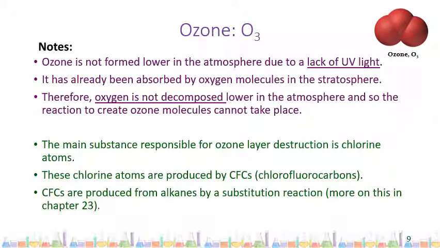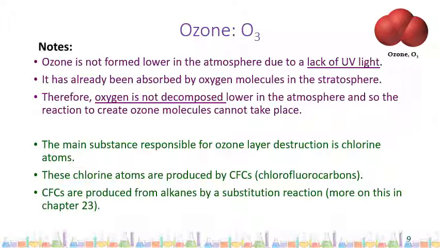The main substance responsible for ozone layer destruction is chlorine. Chlorine atoms in the stratosphere are going to attack ozone and break it down. These chlorine atoms are produced by CFCs, chlorofluorocarbons, which we've seen mentioned a good few times, and I keep promising you that we're going to see more of them in the next and final video.